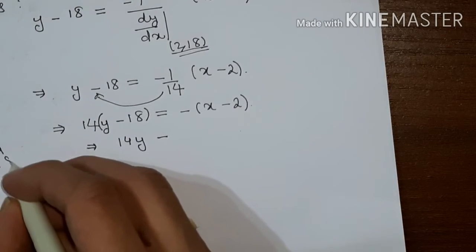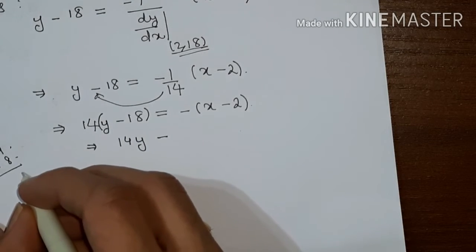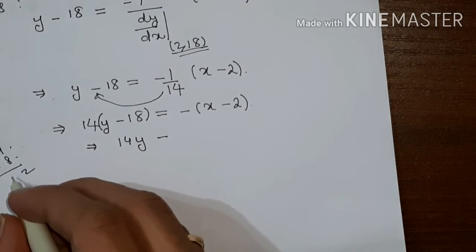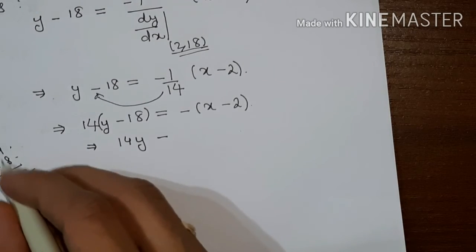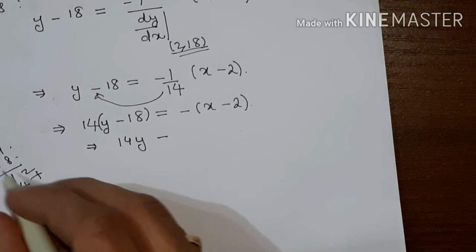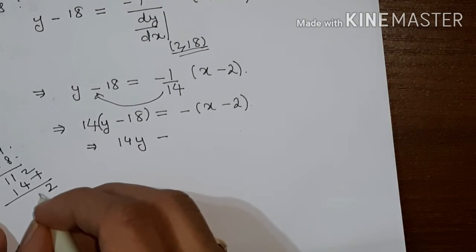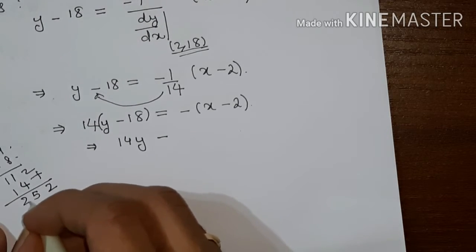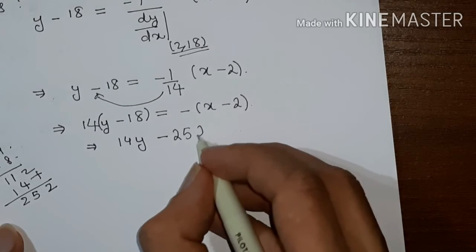What is that? Let us see. 4 8s are 32, 8 1s are 8, plus 3 is 11, 1 4s are 4, 1 1s are 1, so 252.